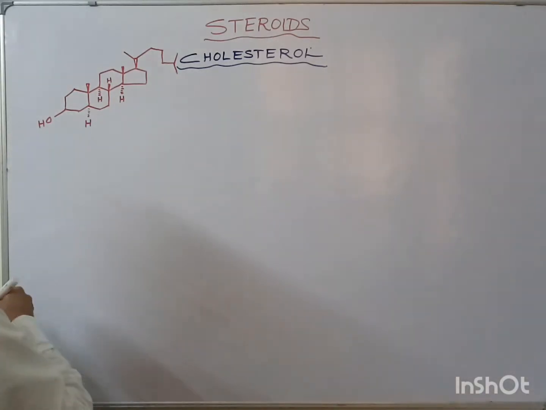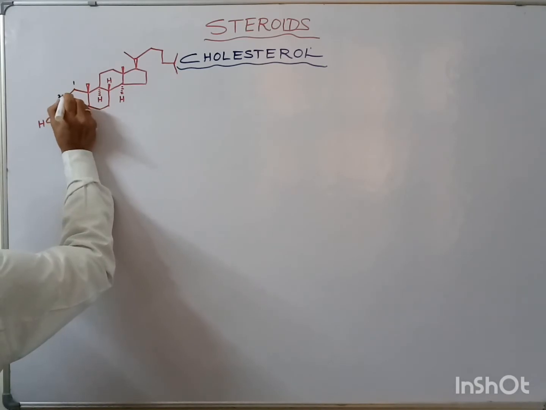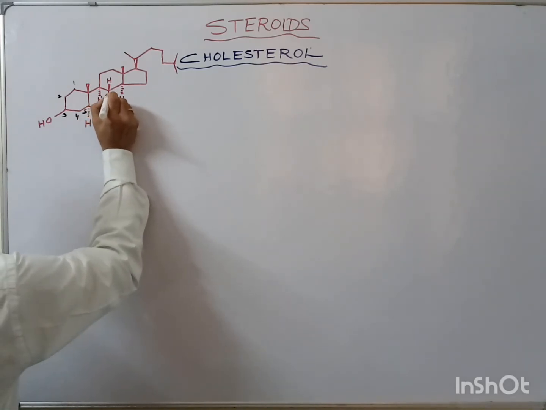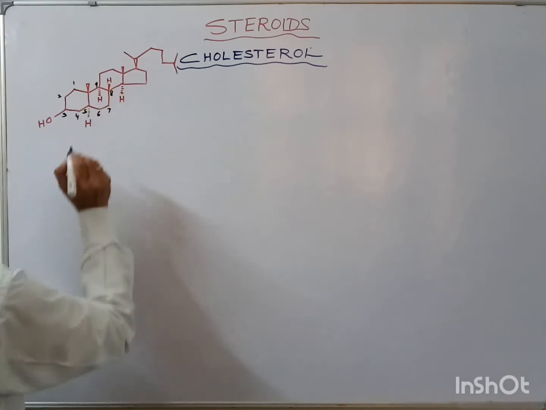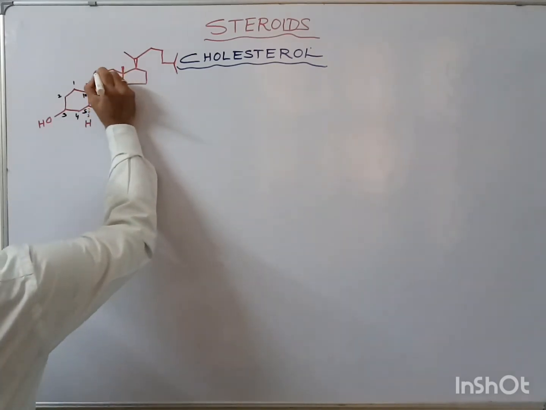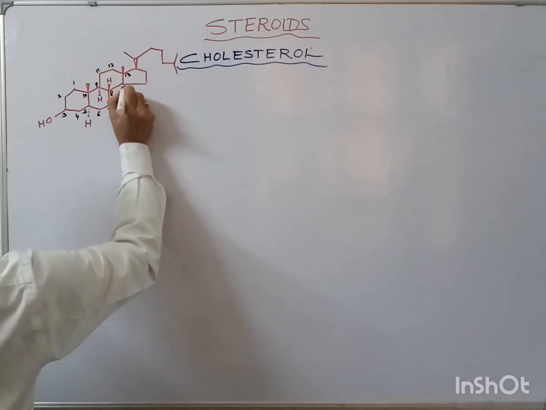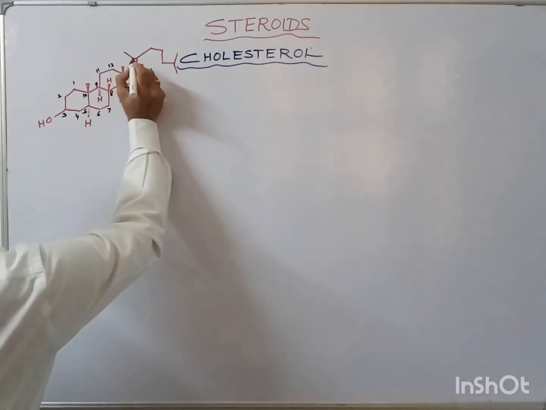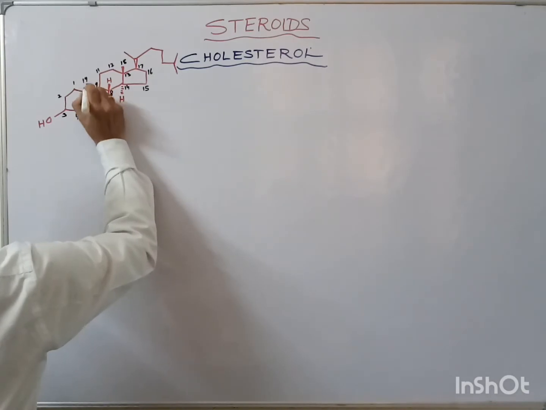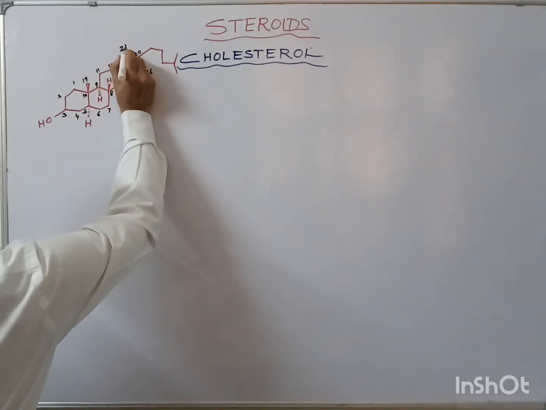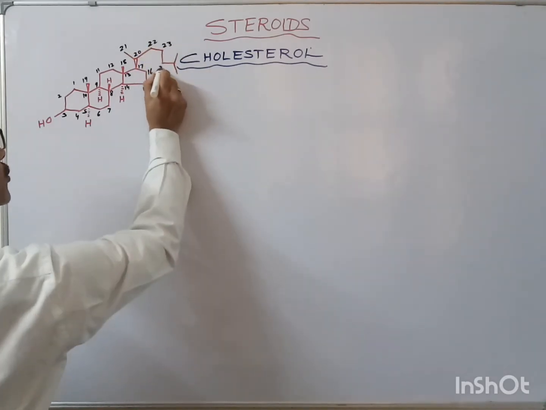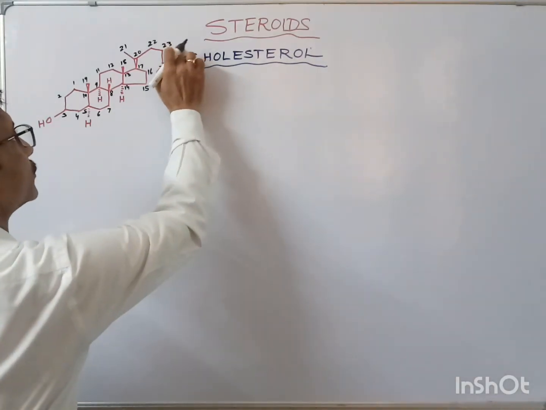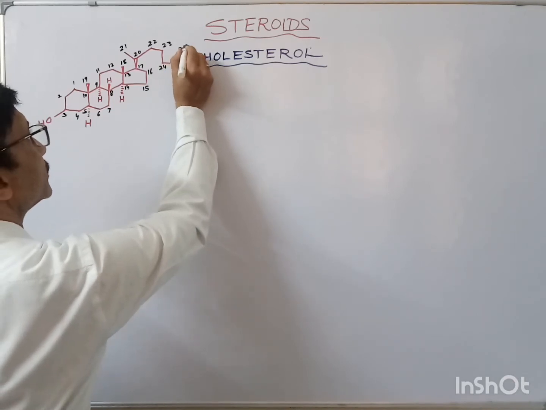So if I number it, this is our first position, this is second, this is third, fourth, fifth, sixth, seventh carbon, 8th carbon, and this is 9th one, this is 10th, then 11, 12, this is 13, 14, 15, 16, this is 17, this is 18, this is 19, this is our 20, 21, 22, 23, 24, sorry, this is 25, 26 and this is 27.